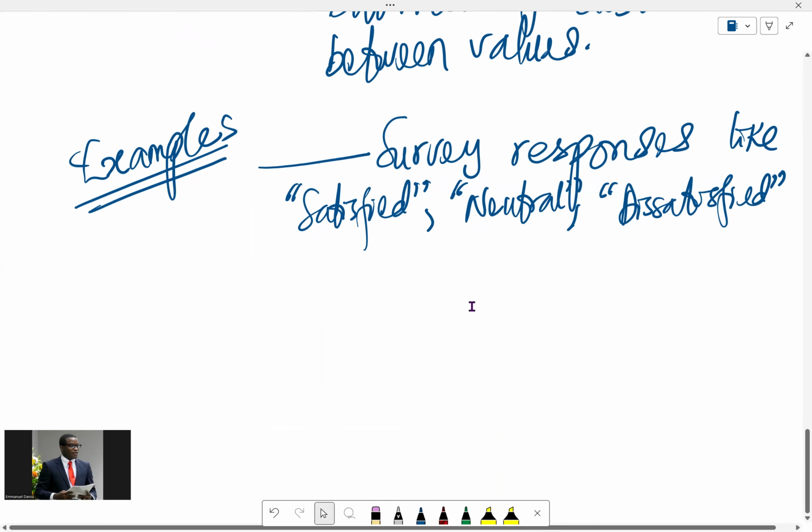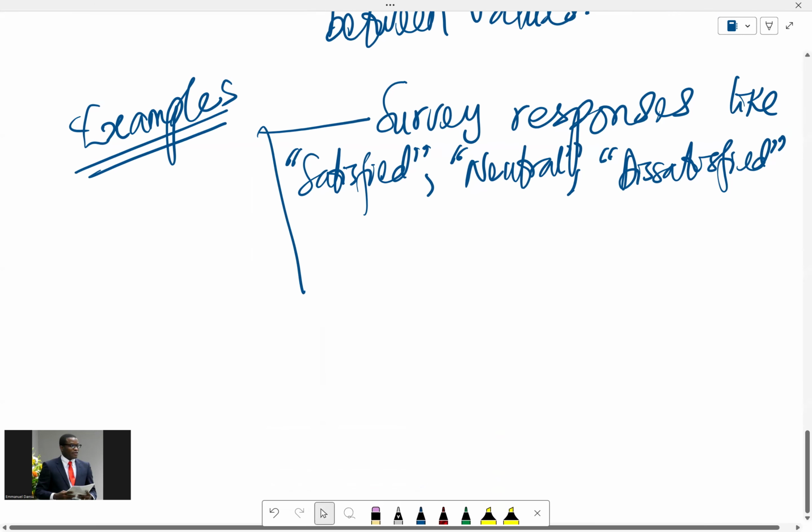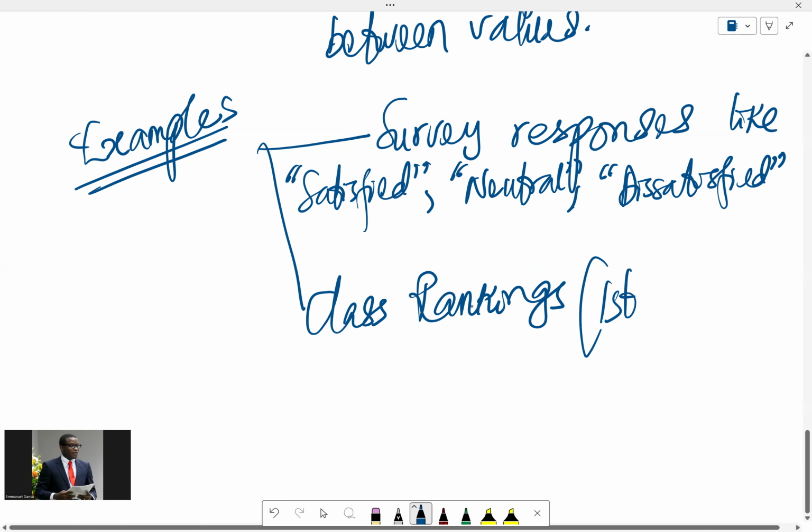So those are ordinal, right? They are categorized. You can see the ranking, but the intervals between them don't really matter. You can also talk about class rankings or rankings in a race, right? In a class ranking, of course, you have a student that is first, another student that is second, another that is third, and so on and so forth.